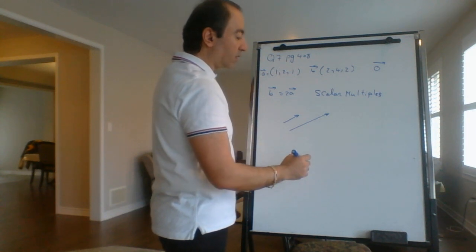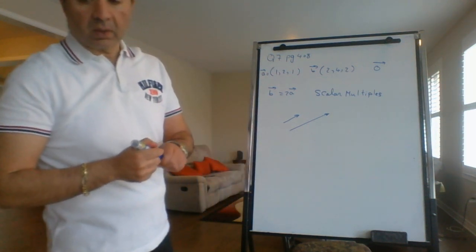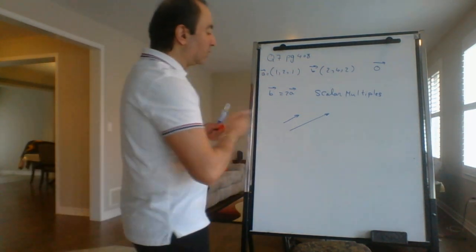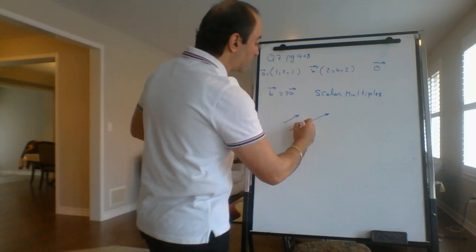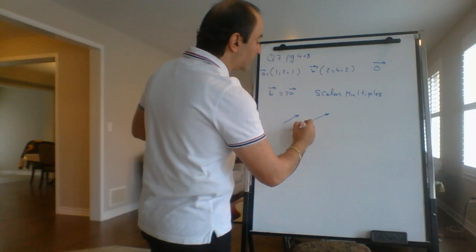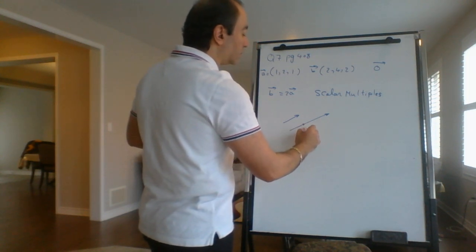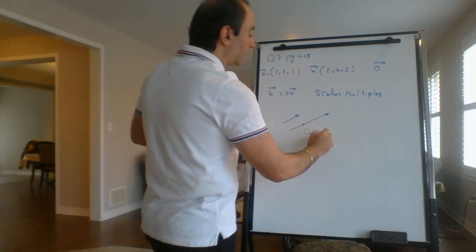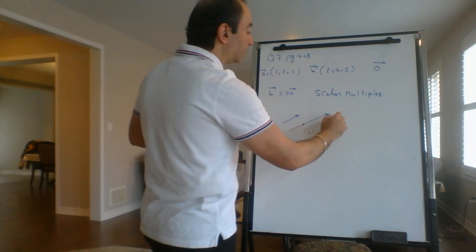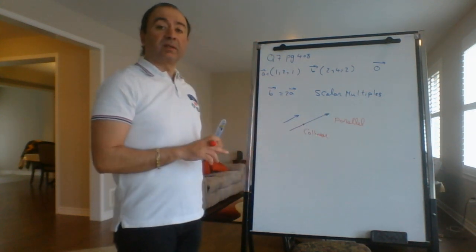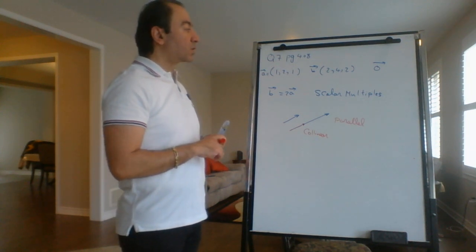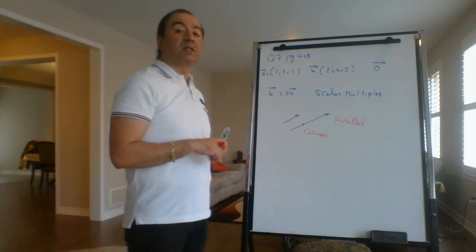Or we can consider them also, because you know that this vector I can move it to here, and we can call them collinear or parallel, right?